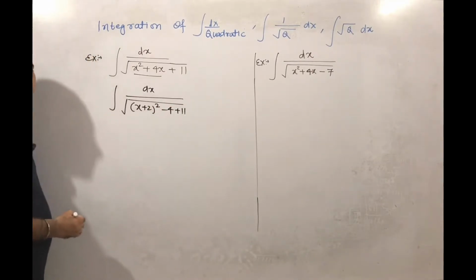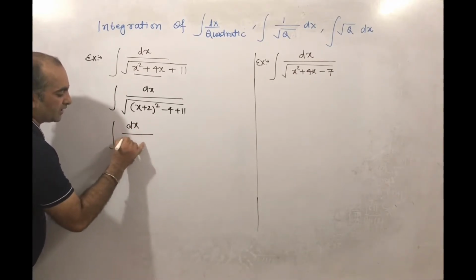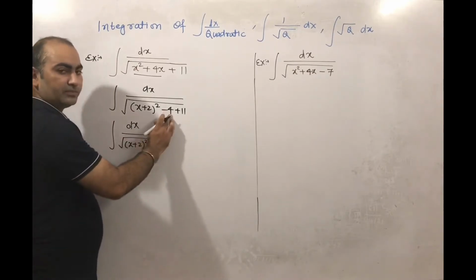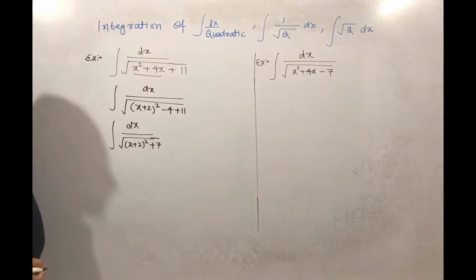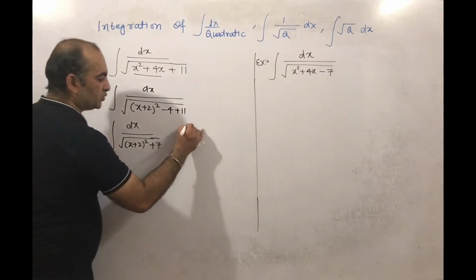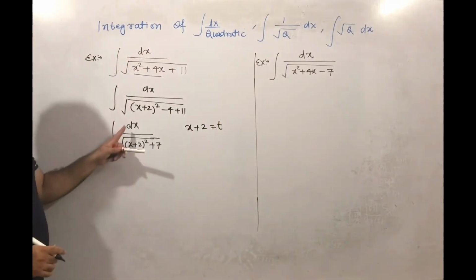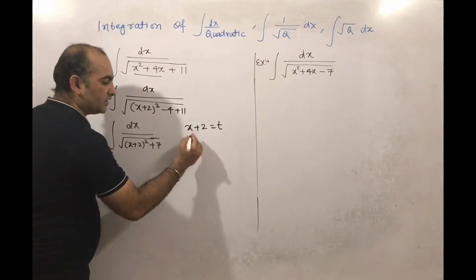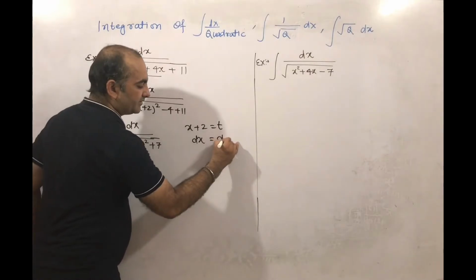So this comes out integration of dx divided by root over x plus 2 whole square, minus 4 plus 11 is plus 7. Now here we take x plus 2 as t. First we find dx, so we differentiate this: x differentiate dx, 2 differentiation 0, and t differentiate dt.